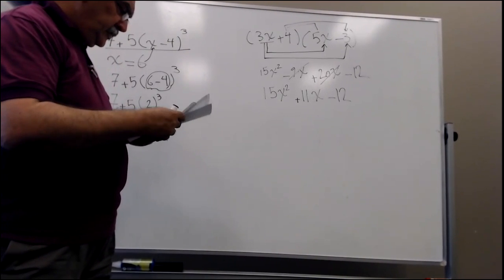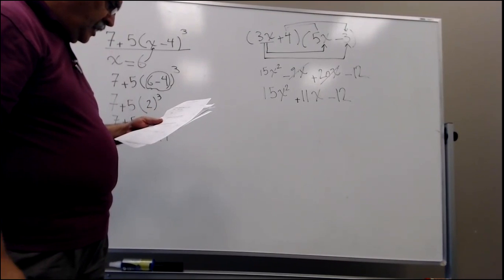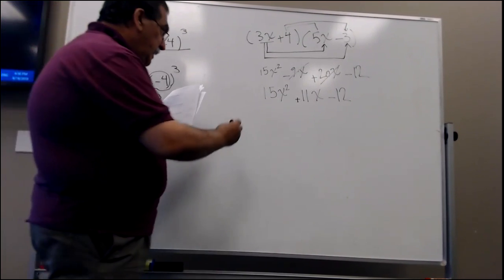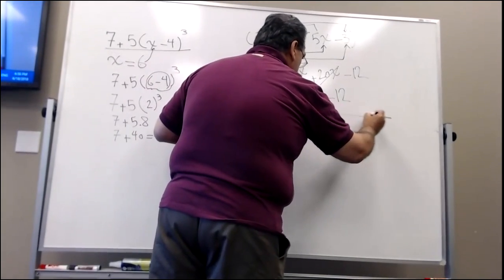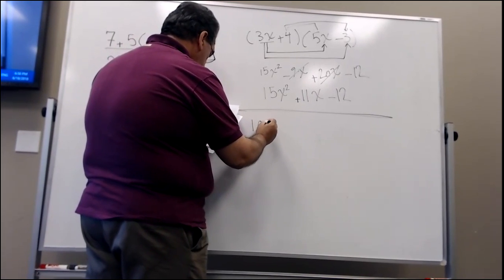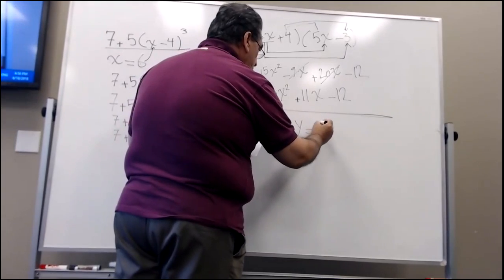Another question that I noticed some students missed was question number 11. It says, what is the slope of the line represented by 10x minus 5y equal to 10?